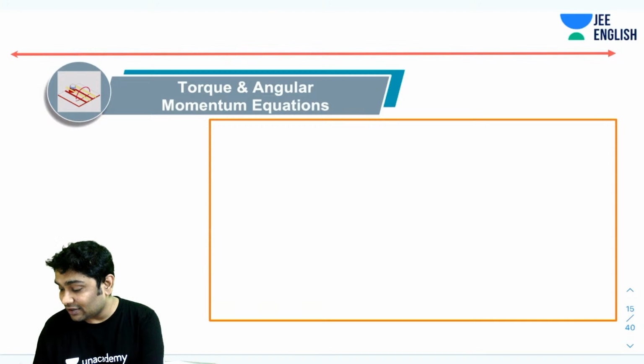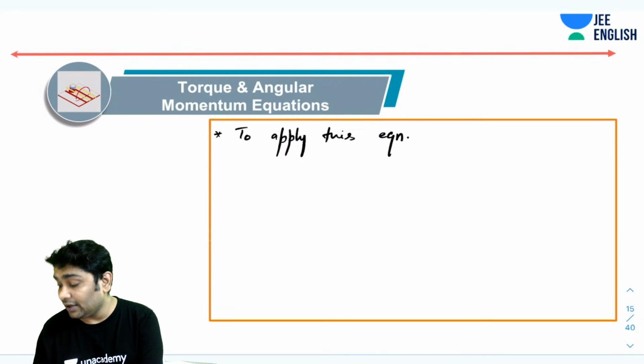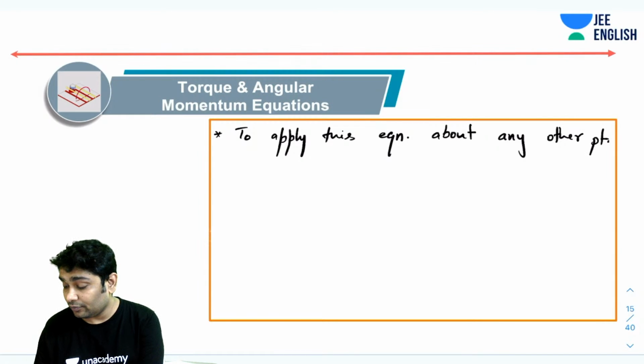To apply this equation about any other point lying on the body, first of all, on the rigid body.